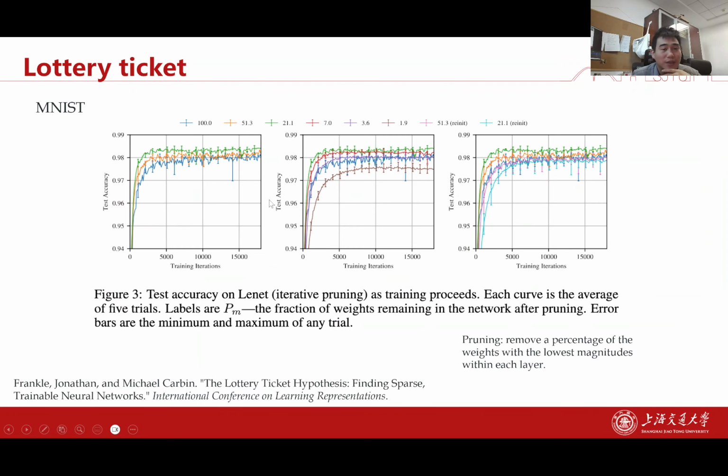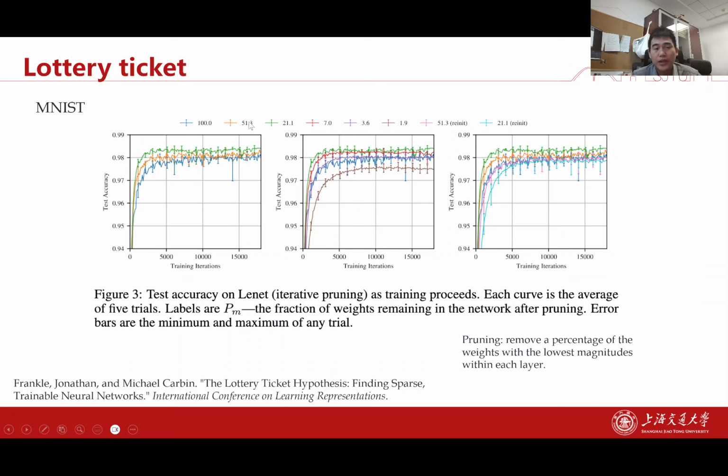So now let's take a look at the performance of such a subnetwork. This 100% means you train all the parameters. 50.3 means you only trained 51% of the parameters.